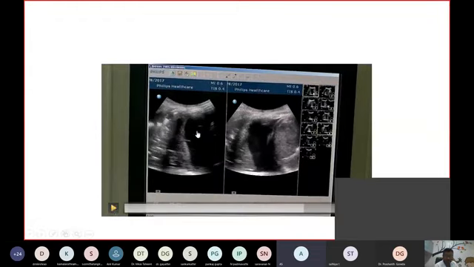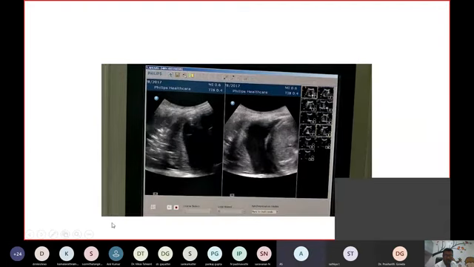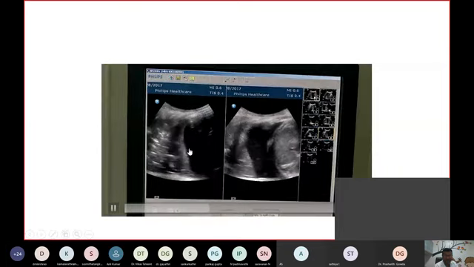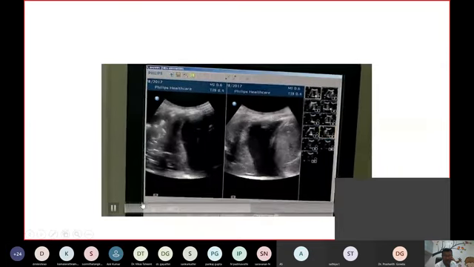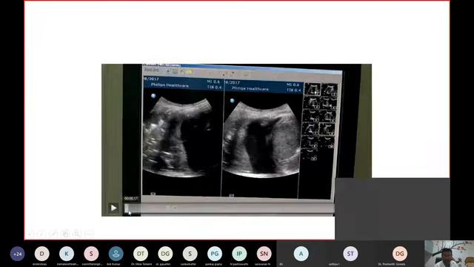You concentrate on the first image. So this side, you can see the floating septations within the effusion in the first.